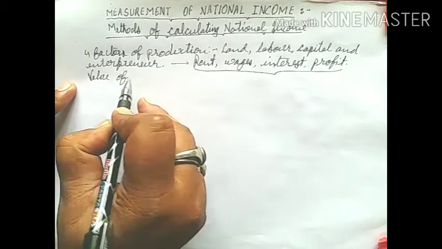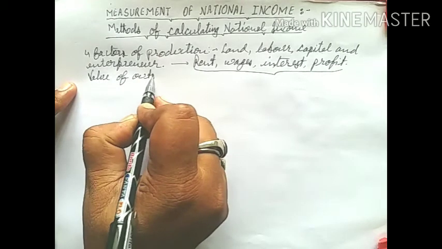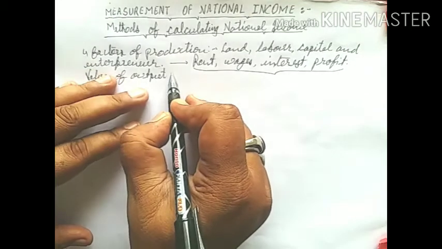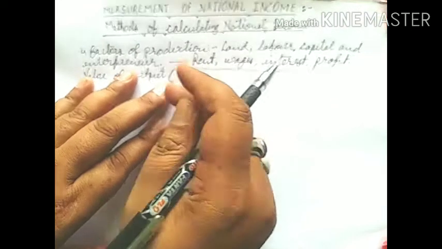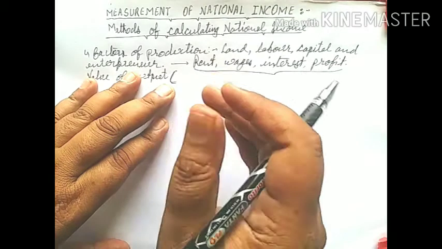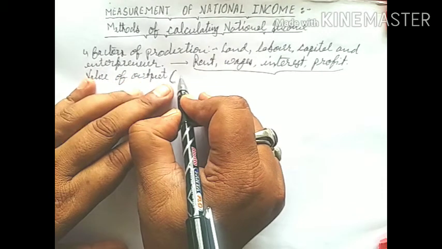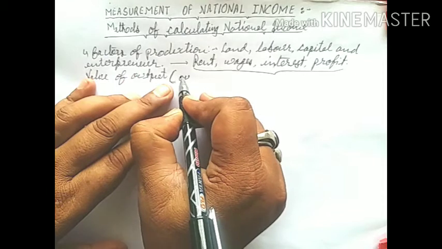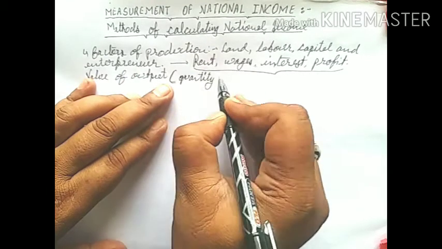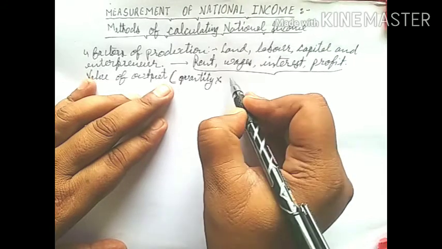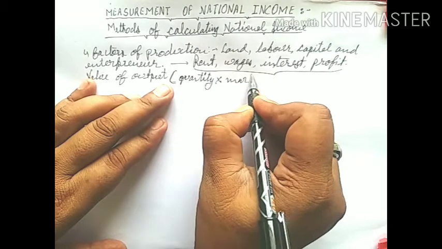Value of output means the total monetary value of the products, means total quantity of the product multiplied by the market price.